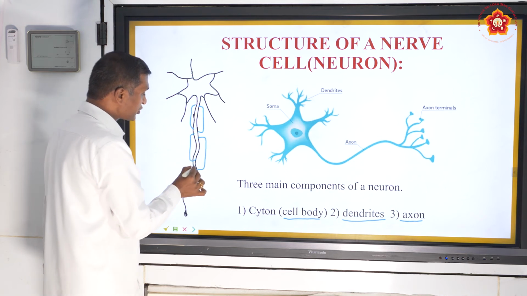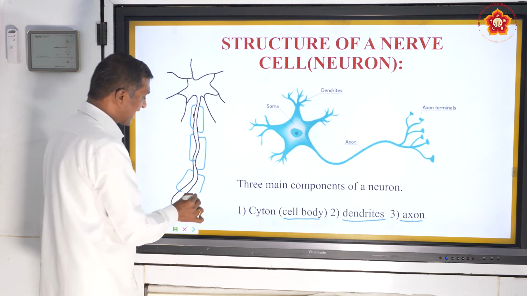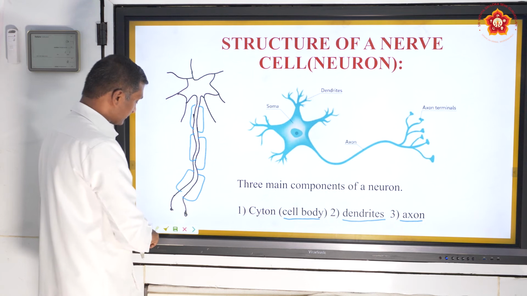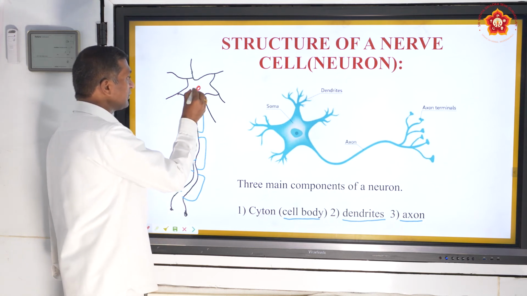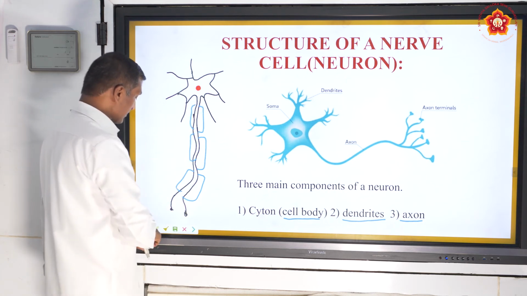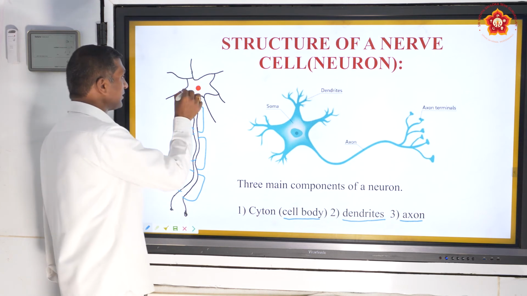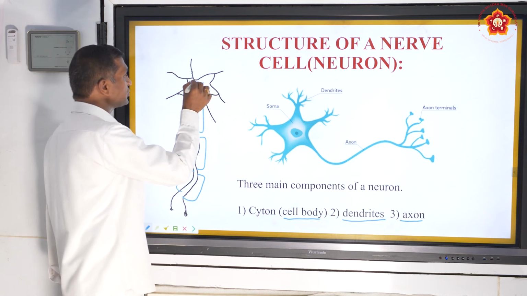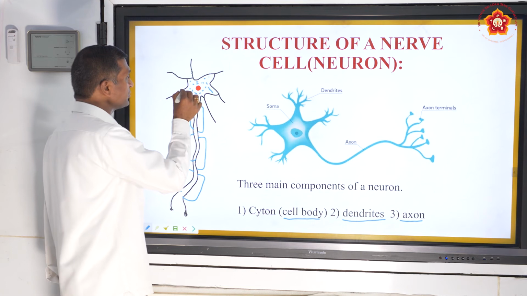A myelin sheath is covering the axon. A nucleus, and also the cytoplasm with Nissl granules are there.